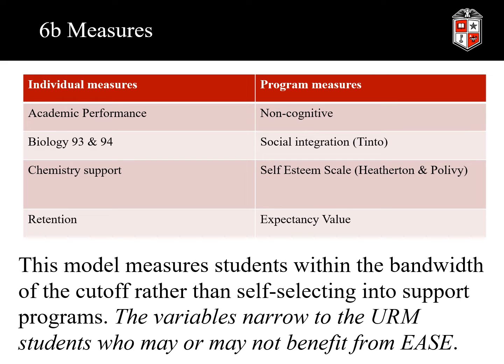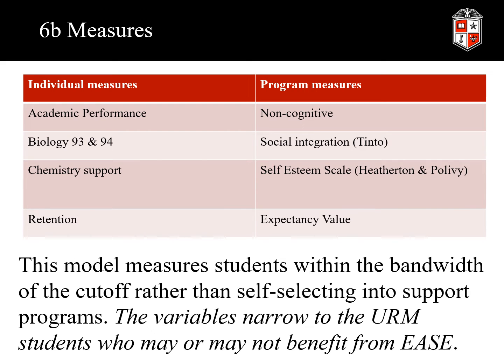Individual measures include academic performance, biology 93, biology 94, chemistry and the support classes, and retention within the biology program. Program measures are non-cognitive: social integration, self-esteem, and expectancy value.